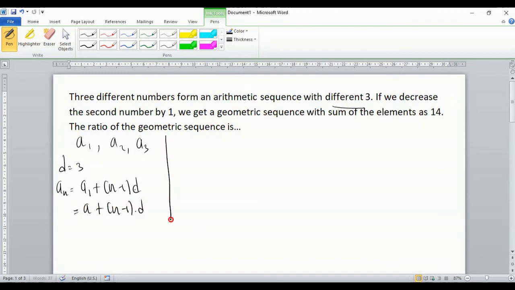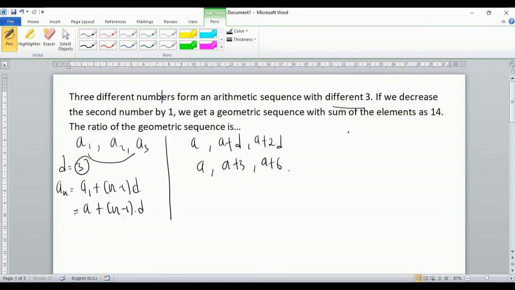From the third term, we change to be A plus d, A plus 2d, because 3 minus 1 is 2, right? And then we change them with the difference. They have difference 3, so A plus 3, comma, A plus 6, because 2 times 3.